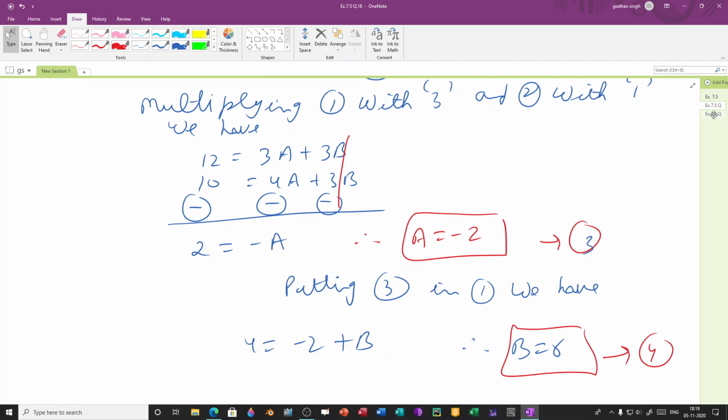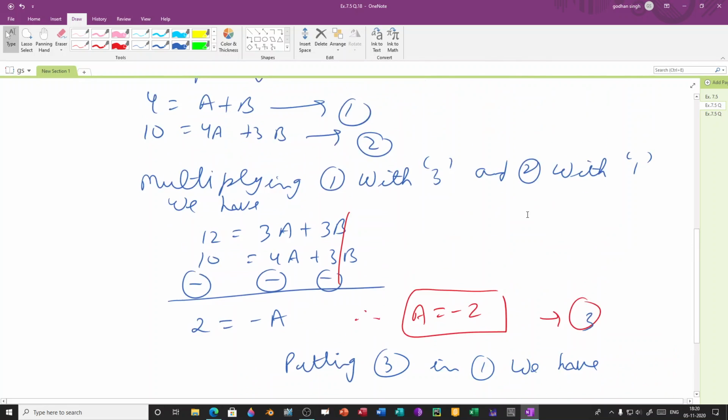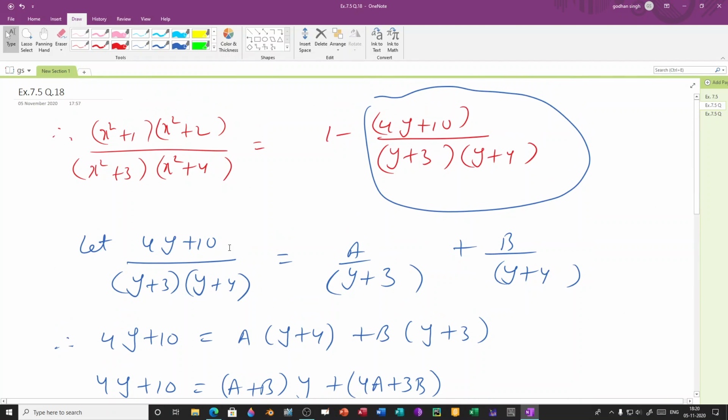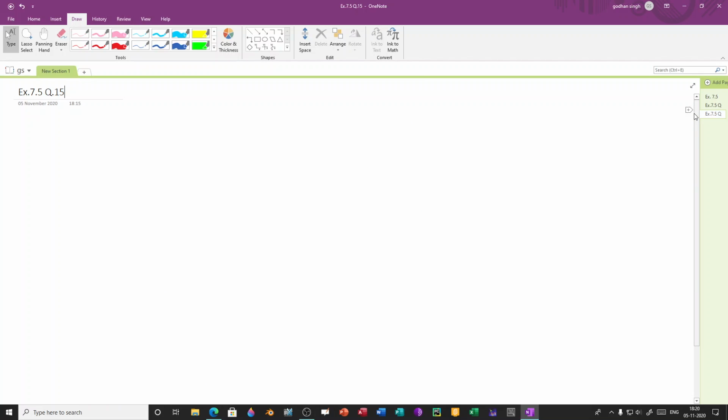Now we'll solve this further. Here we have got 4y plus 10 over y plus 3 into y plus 4 equal to a over y plus 3 plus b over y plus 4. So first of all, we'll put the value of a and b here.